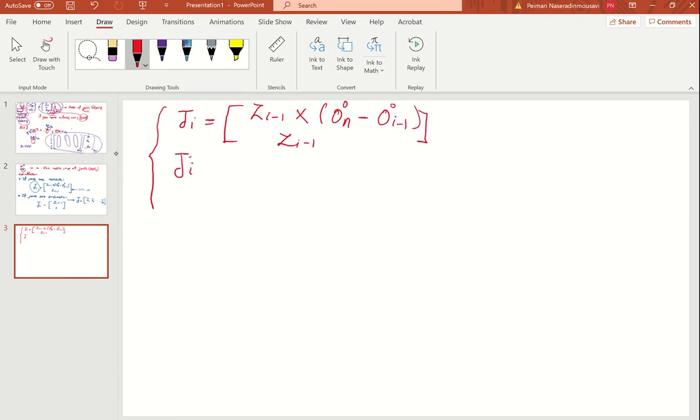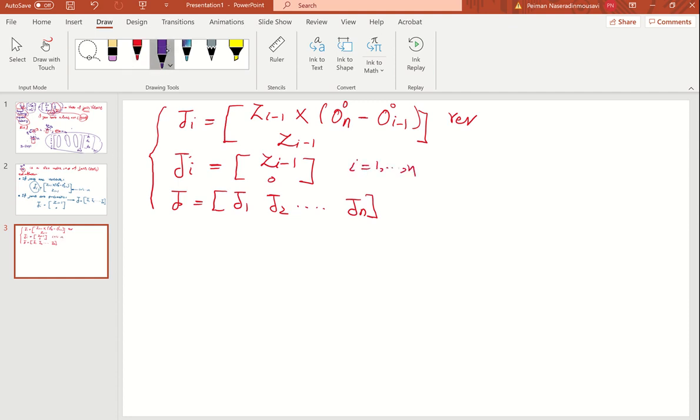This is for revolute, as I said previously, and for the prismatic you get z i minus 1 and this. And the J is, as I said, J1, J2, and Jn, where i is from 1 to n.